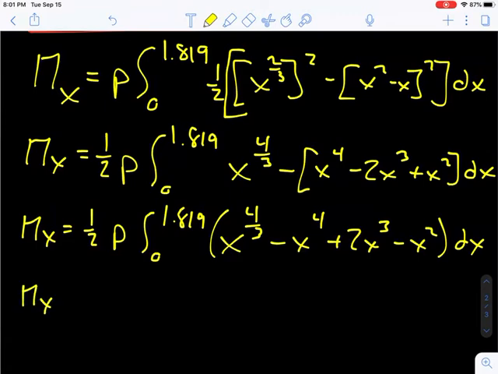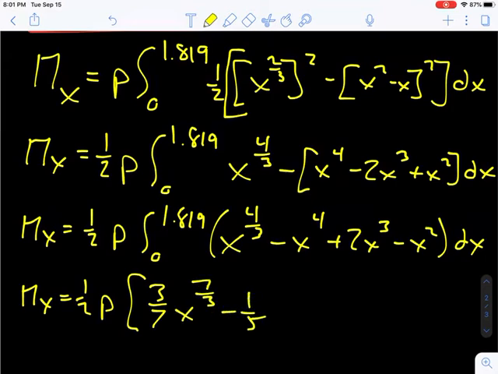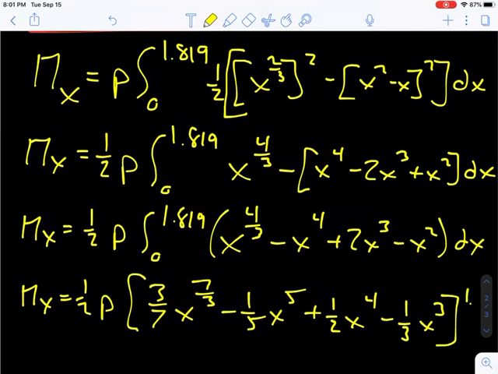So m sub x is 1/2 rho times x to the 4/3 plus 3/3 is 7/3, so 3/7. We're going to have just 3/7 x to the 7/3 minus 1/5 x to the 5th plus 2x to the 4th divided by 4 is 1/2 x to the 4th minus 1/3 x cubed, evaluated from 1.819 to 0.